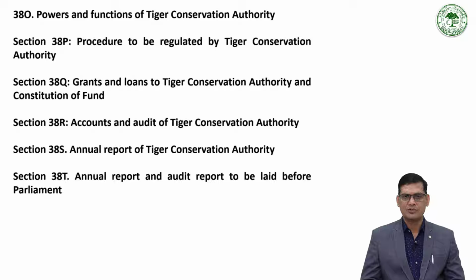It also ensures that tiger reserves and areas linking one protected area or tiger reserve with another are not diverted for ecologically unsustainable uses except in public interest and with the approval of the National Board for Wildlife and on the advice of the Tiger Conservation Authority.